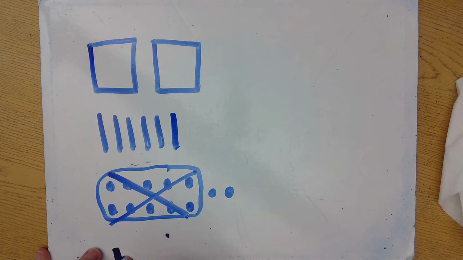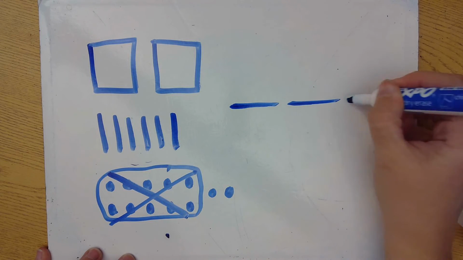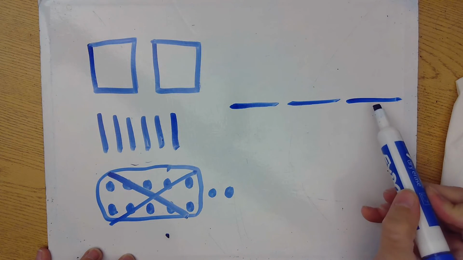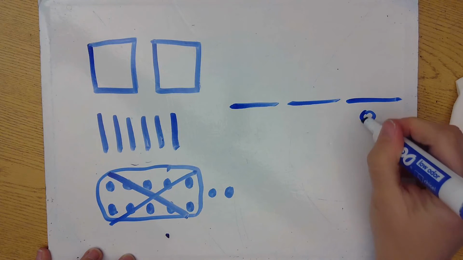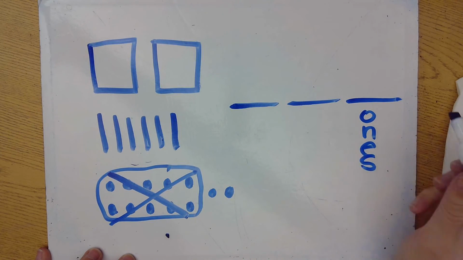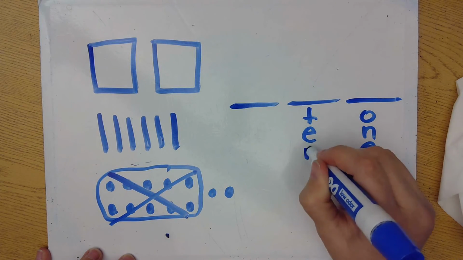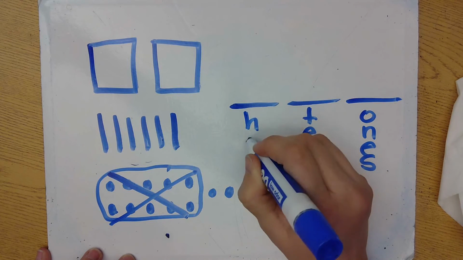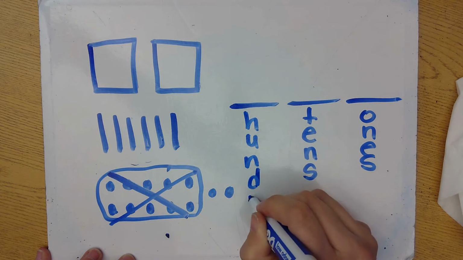So now I can write my number more easily. There are 3 spots. This is the ones place. This is the tens place. And this is the hundreds place.